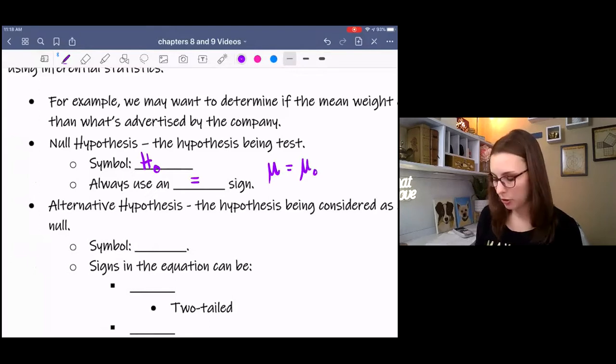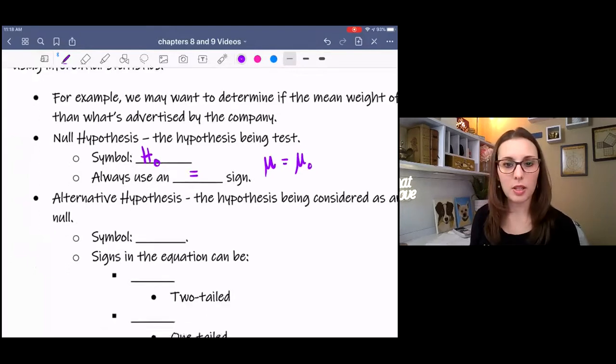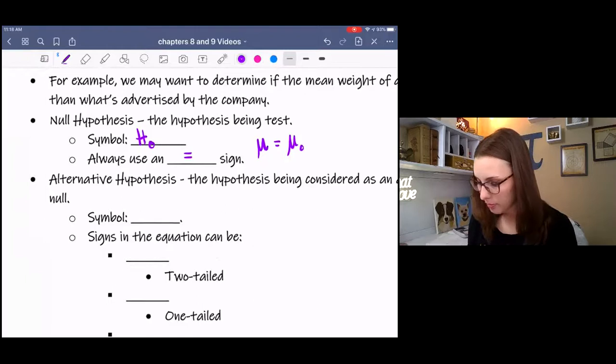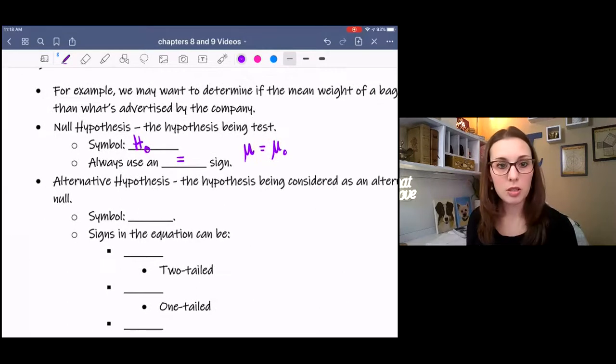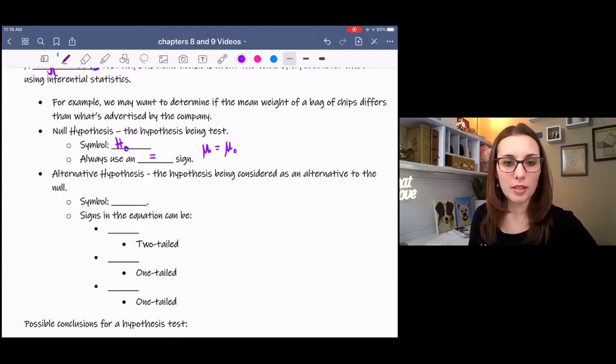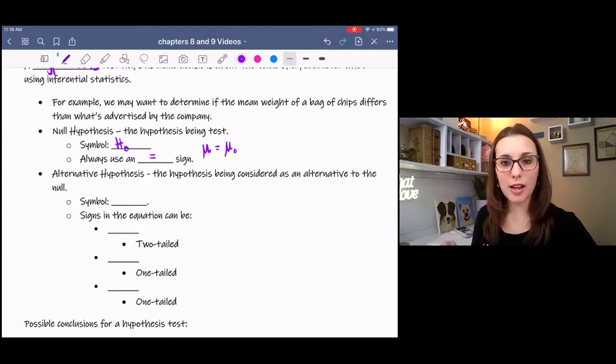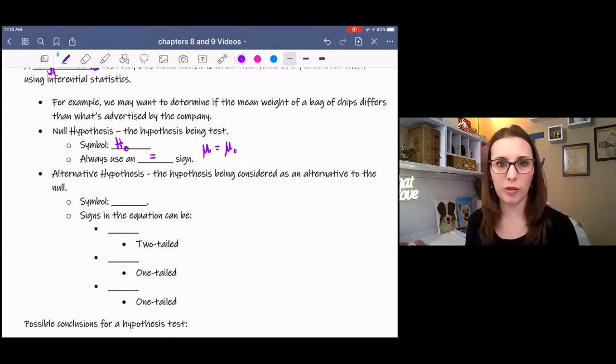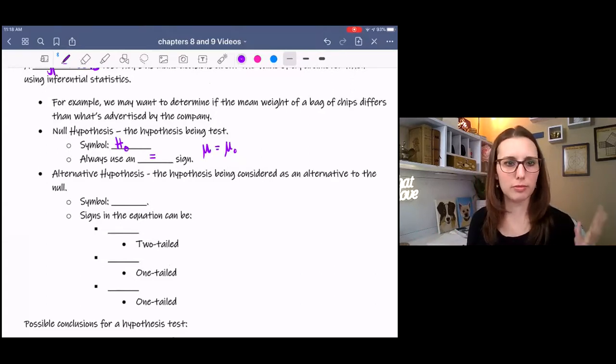And then you have the alternative hypothesis. This is the hypothesis being considered as an alternative to the null hypothesis. So let's say in my bag of chips, the company's advertising, I have no idea, 0.5.